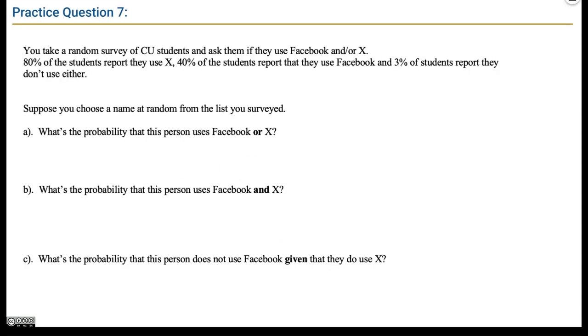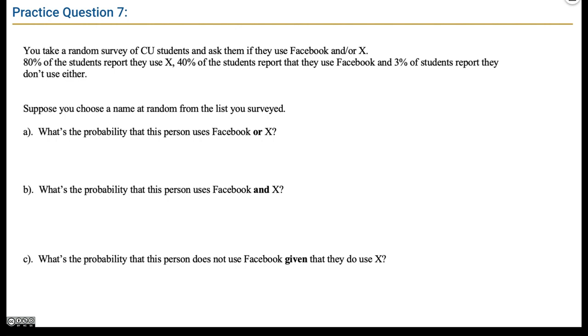Okay, next one. You take a random survey of CU students and you ask them if they use Facebook and/or X. 80% of the students report that they use X, 40% report that they use Facebook, and 3% report they don't use either. For this question, we're going to assume that you're choosing a name at random from this sample list.